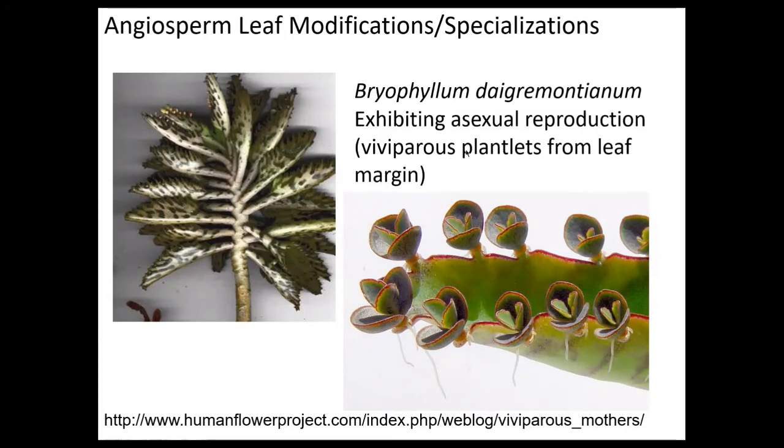That means living young plantlets coming from the leaf margin. They've got roots on them, and they'll fall off of the margin. This is in the orpine family, the stonecrop family. So asexual reproduction is a function of this kind of situation. It's a way of cloning the plant real quick.